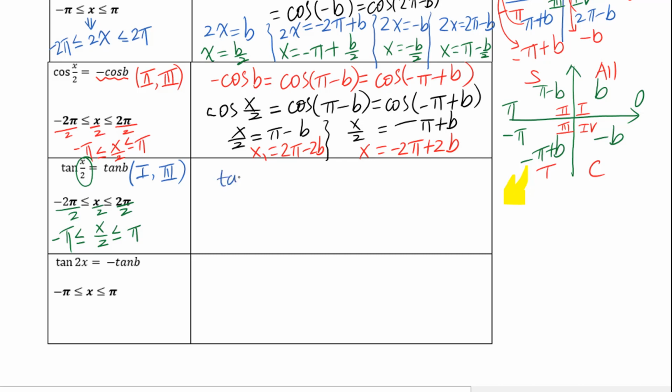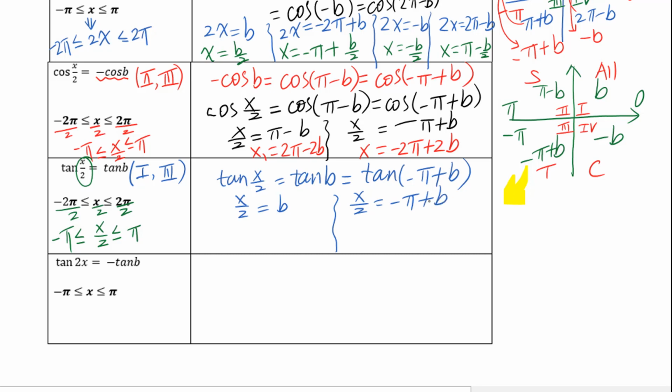So you have tangent x over 2 equals tangent b equals tangent negative pi plus b. Then we set up two equations. x over 2 equals b. x over 2 equals negative pi plus b. So multiply by 2 both sides, you will get x equals 2b. Here, x equals negative 2 pi plus 2b.